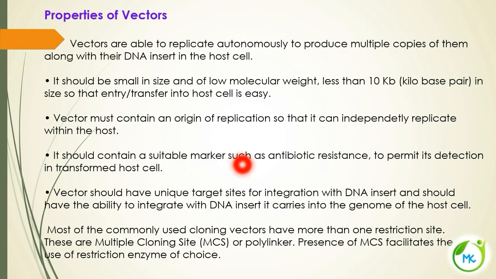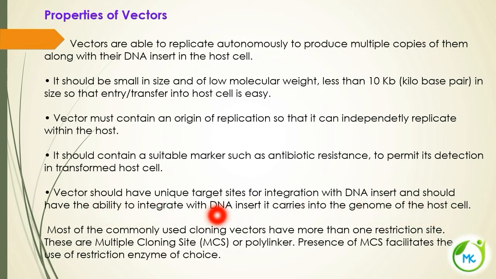Then it should have a suitable marker in the vector itself. For example, antibiotic resistance. This will make us able to detect whichever host cell has the recombinant DNA, because that host cell alone we can select and multiply. The vector should also have a unique target site for insertion of the DNA insert, and the ability to integrate with the DNA insert and carry it into the genome of the host cell.